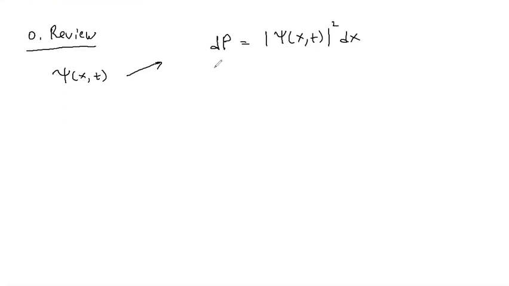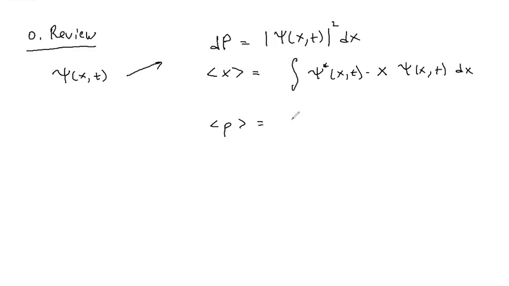One of the possible examples would be x, the average position, and then this is where you start to have operators. So average position is kind of obvious, but then average momentum is a little bit less obvious.